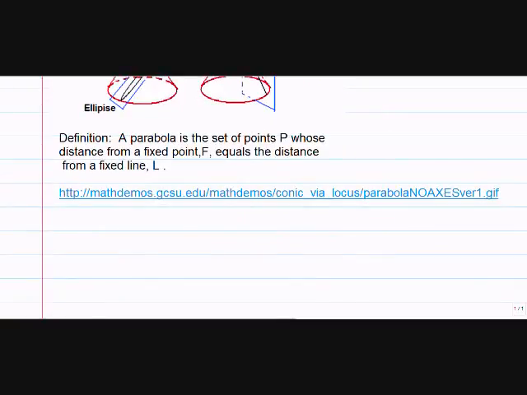A parabola is the set of all points whose distance from a fixed point, we call that F, the focus, equals the distance from a fixed line. That line is called the directrix. Let me show you what we're talking about. This is kind of cute. So here I am making a parabola.